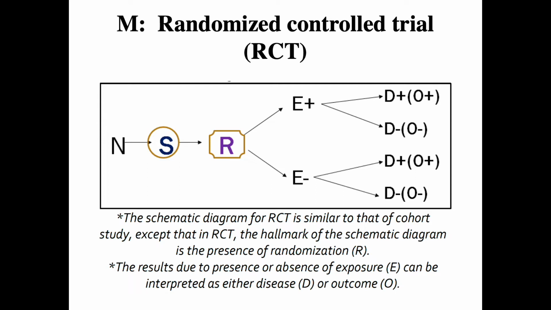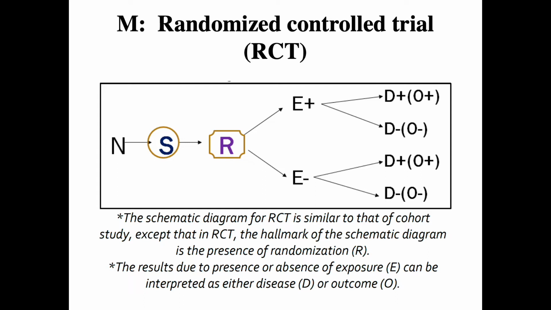From the sample, you randomize the study participants to one of two interventions, for instance. The number of treatment arms does not necessarily have to be just two. It could be more than two as well. It really depends on the researcher's objectives, but to keep things simple, let's stick to two treatment arms.